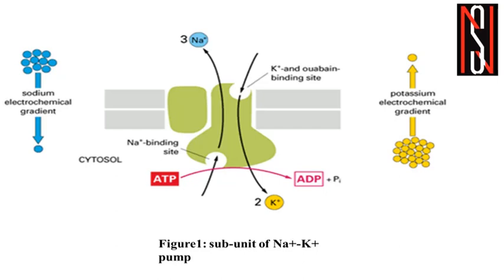In the whole process the energy comes from the hydrolysis of ATP, where ATP is converted to adenosine diphosphate with the removal of one phosphate group. So this is a typical diagram of the subunit of the sodium potassium pump, and the complete mechanism we will see later.